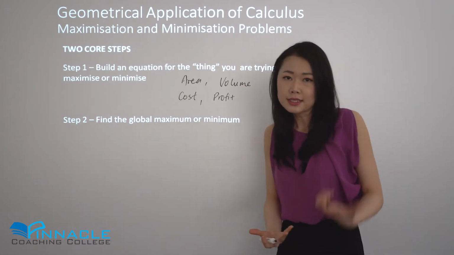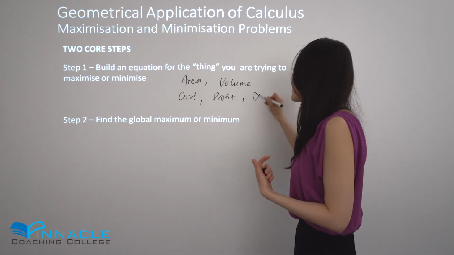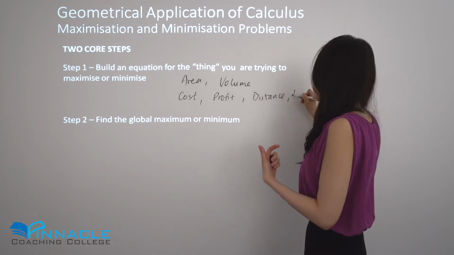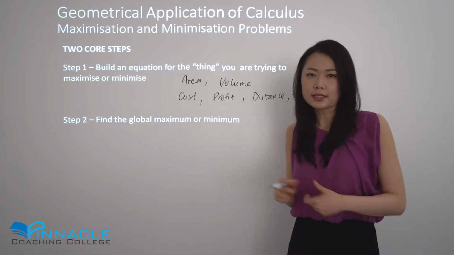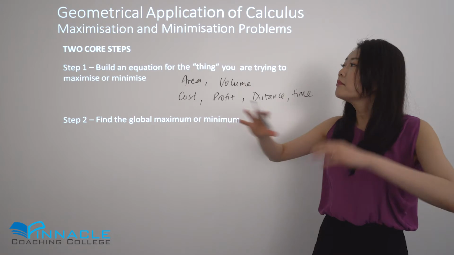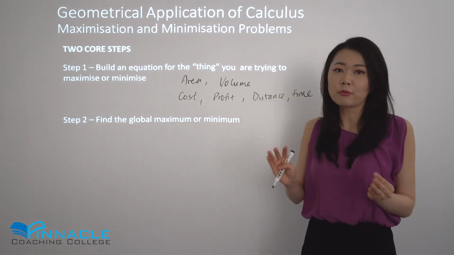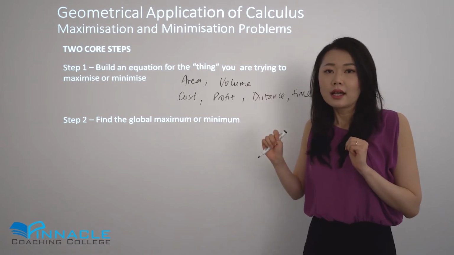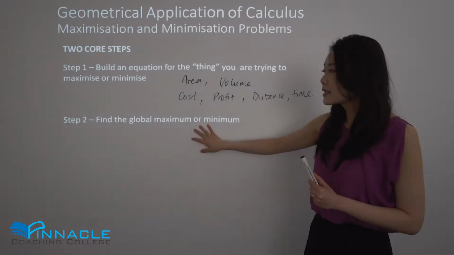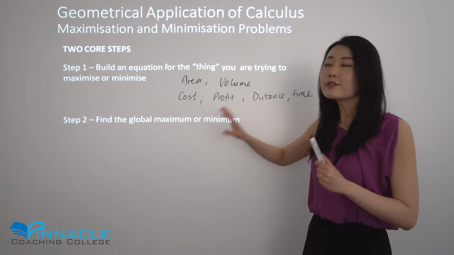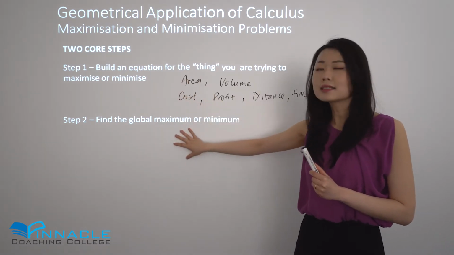You may also see distance, time, and so on. So it can be quite a variety of things, and I will elaborate on how to do step 1 in the next segment.